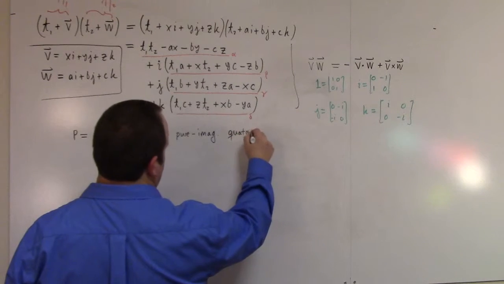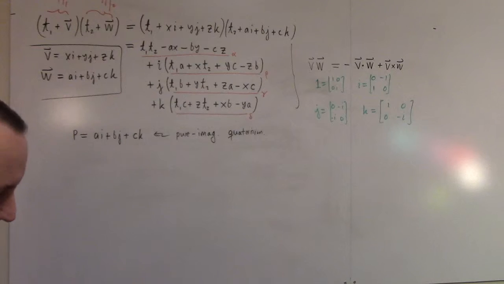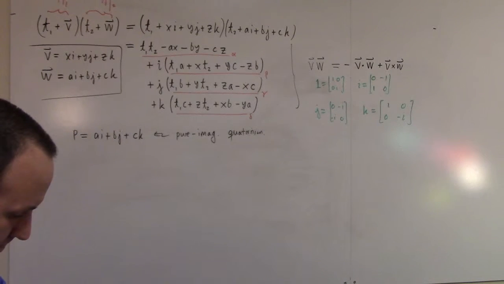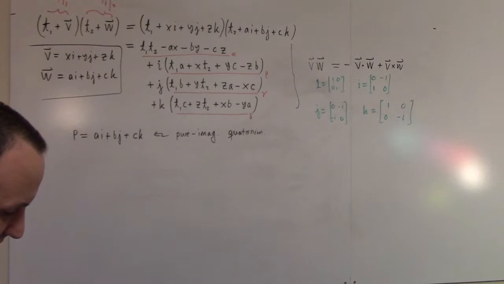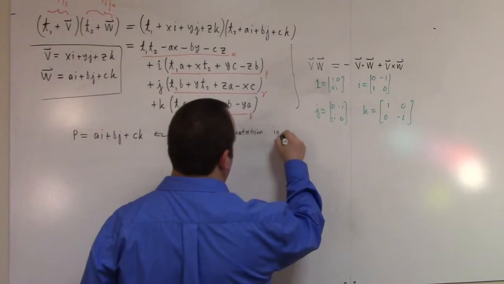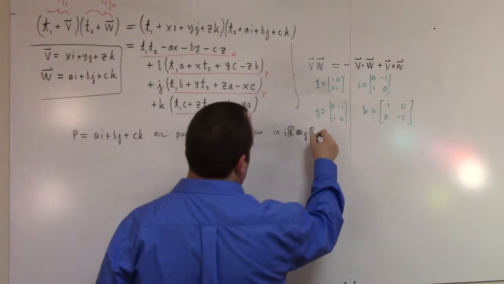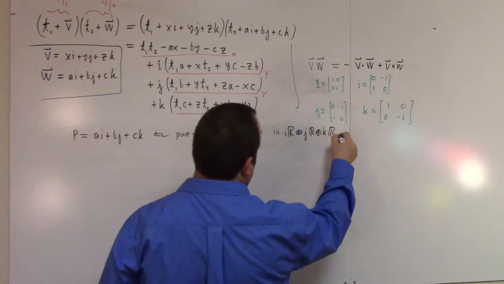Make sense? In other words, it only has a vector part. So the set of all such things forms a three-dimensional space, basically IR, JR, KR, right?